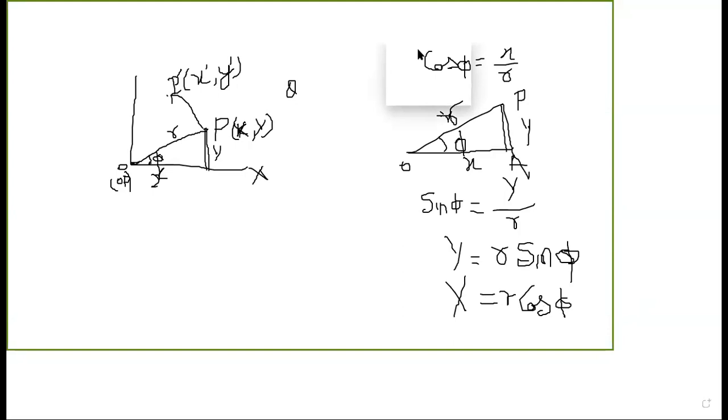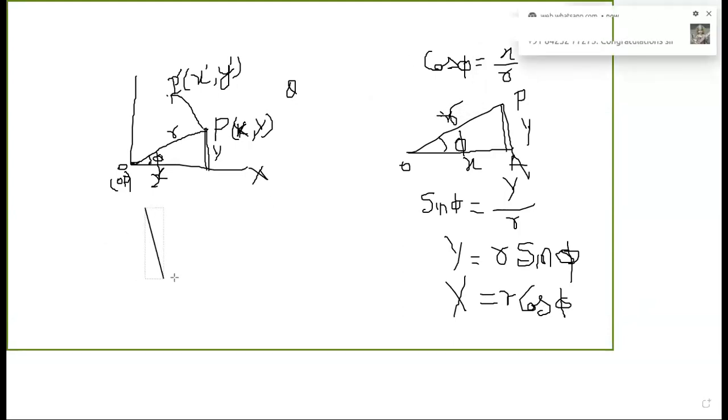Okay, this is good. That will be better. Now in the next scenario, we see P. Draw a perpendicular. What is this?